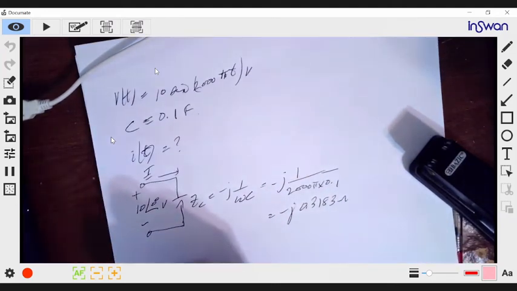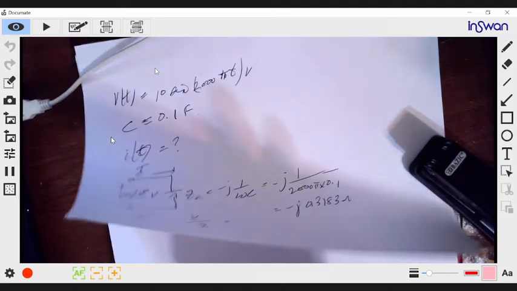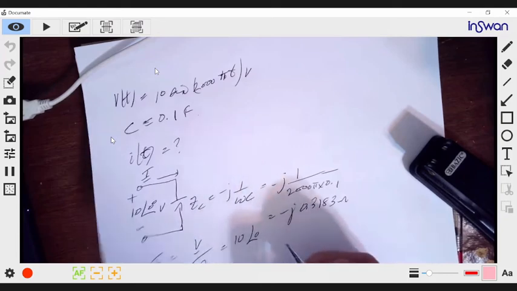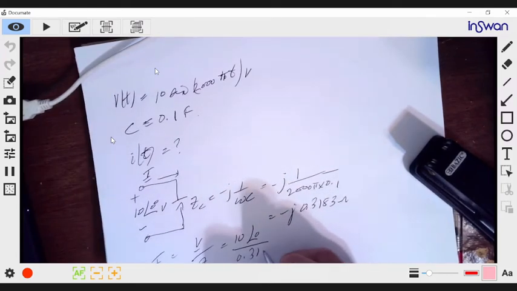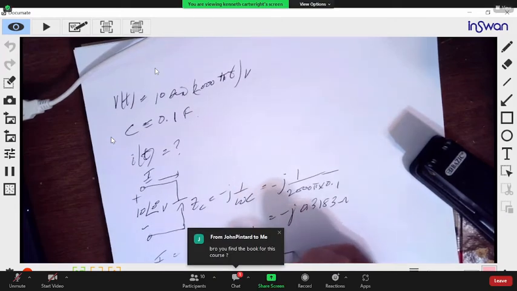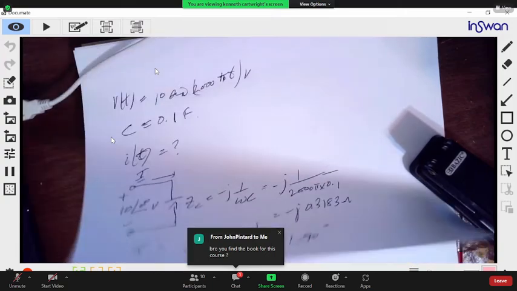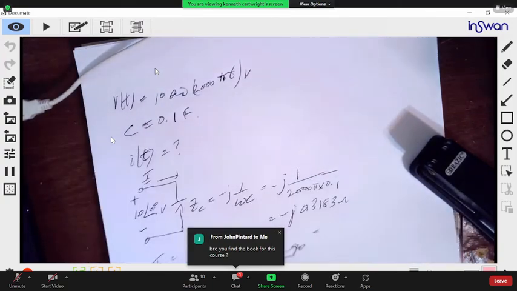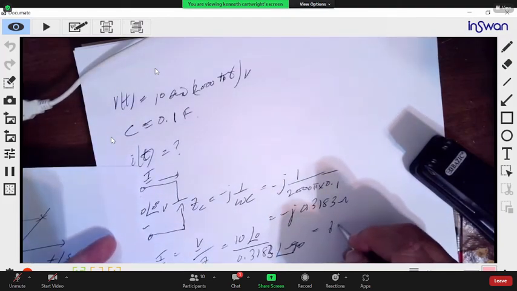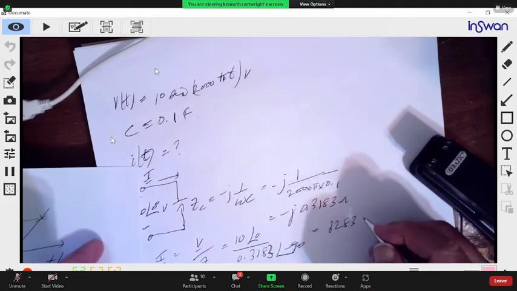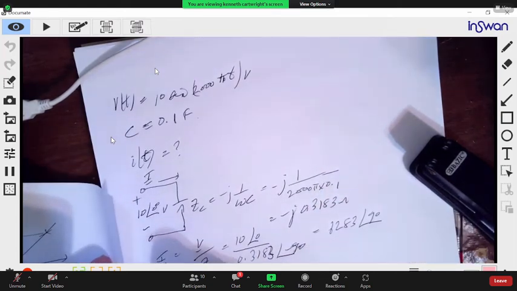So the I phasor is the V phasor divided by the impedance. 10 at 0 degrees divided by 0.3183 at negative 90 degrees, which is 6283 at positive 90 degrees.